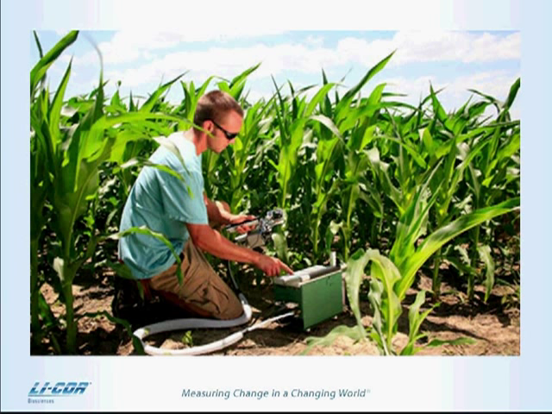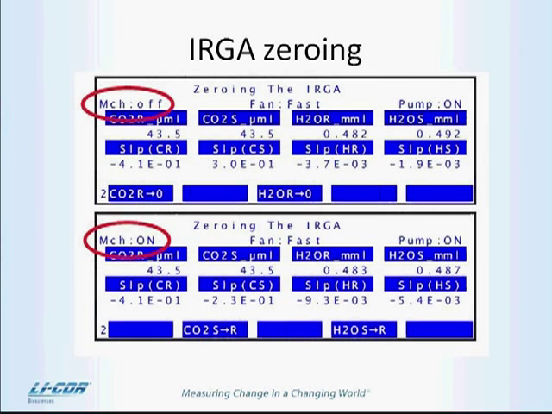Okay. Let's go on to some smaller changes, things that aren't quite requiring of a demo, just a discussion. The first thing is that we do have a new faster zeroing option in version 6.2, which you'll find on level 2 of the IRGA zeroing screen. Level 1 hasn't changed at all, so that's going to be the same familiar IRGA zeroing screen you know and love, or hopefully know and love.